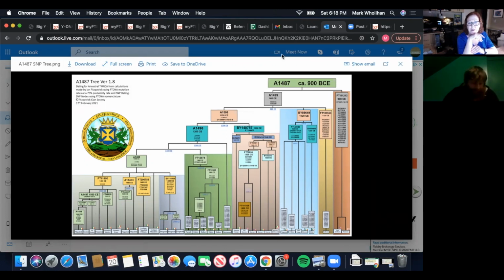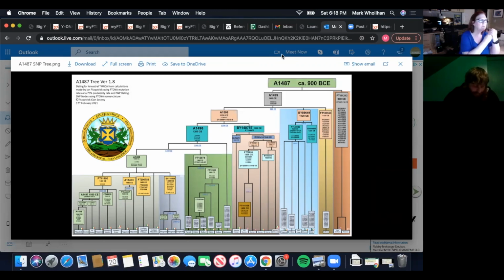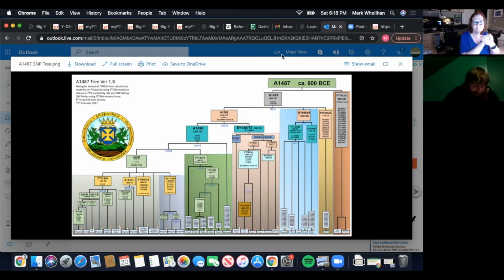The Daltons are all in the green block towards the middle. Give me one second.